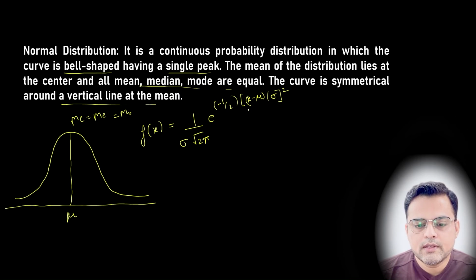So x is the random variable, mu is the mean, sigma is the standard deviation. So if a random variable x follows normal distribution with mean mu and standard deviation sigma, then we can express it as x follows a normal distribution with mean mu.